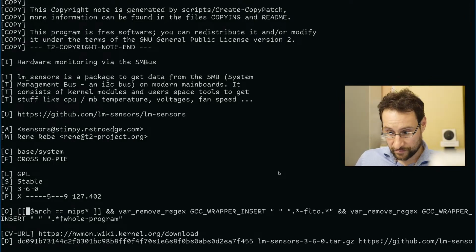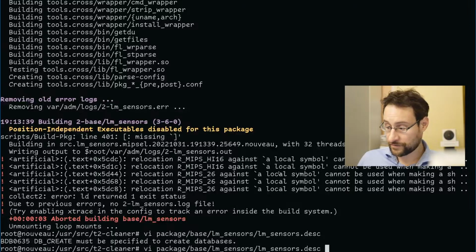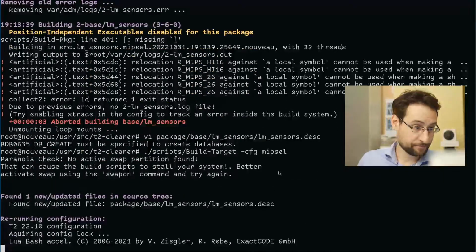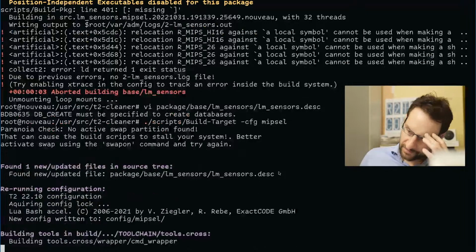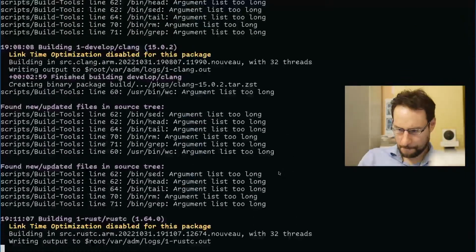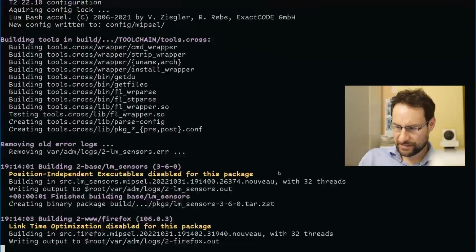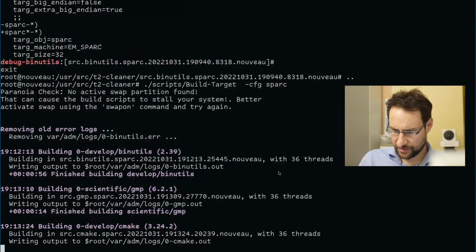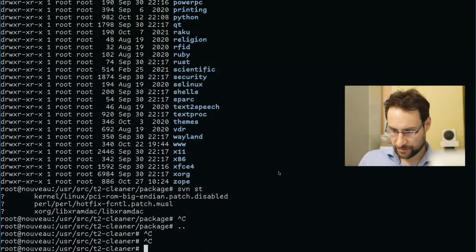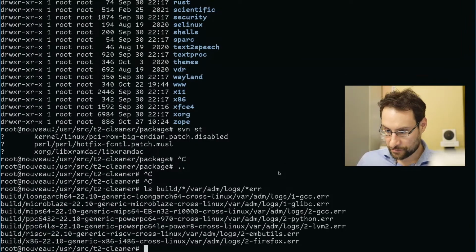Also, this is a typo. Probably wind there for some typo. Nothing like missing that. But yeah, that is the recurring upstream. Yeah, so that worked there. So Mipsel we will see for Firefox. Where are my errors? So we're getting there.